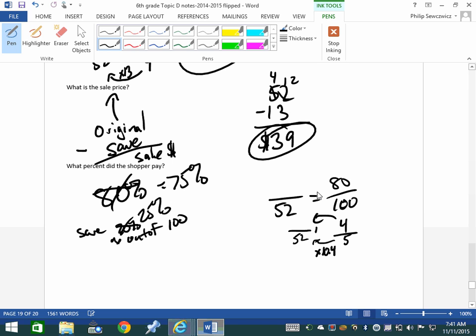So let's come over here. We're going to change that 80 to a 75 and watch what happens. Now when we simplify that, it's not going to be 4/5. When we simplify that, 25 goes into both of them. It's going to be 3/4.